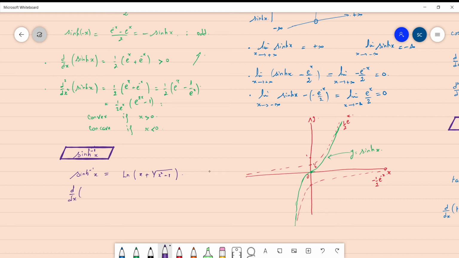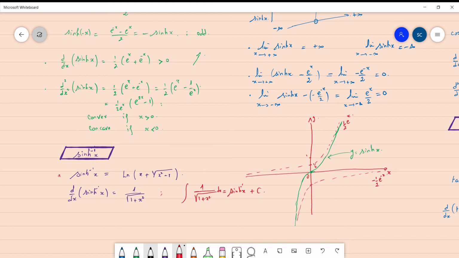If you derive the inverse sine hyperbolic of x, its derivative gives you the function 1 over square root of 1 plus x squared, which then tells us that the antiderivative of this function will be the inverse sine hyperbolic plus a constant, so a new antiderivative.